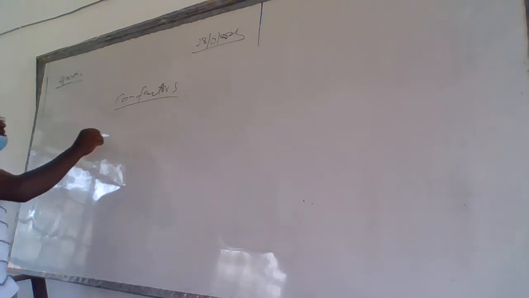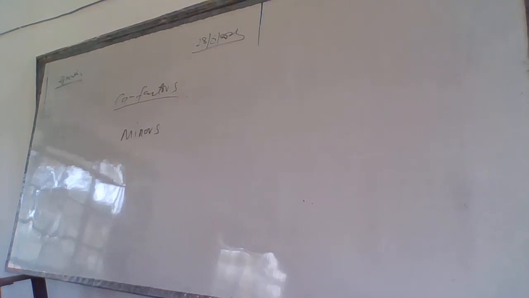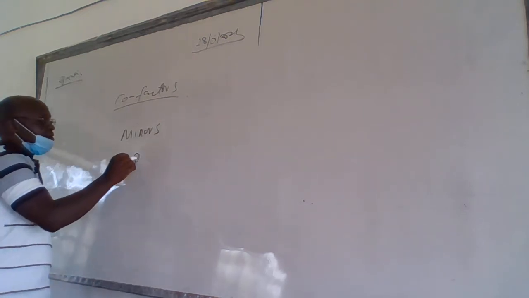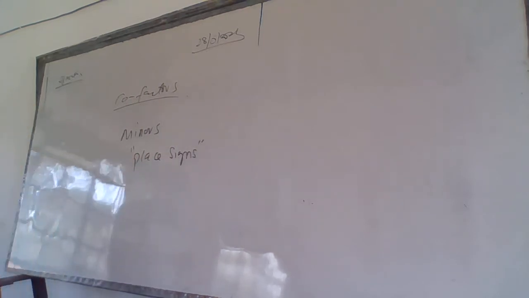So we can say this: cofactors is simply the minor of the elements in the determinant together with its place sign. I'll repeat: cofactors is simply the minor of the elements in the determinant together with its place sign.